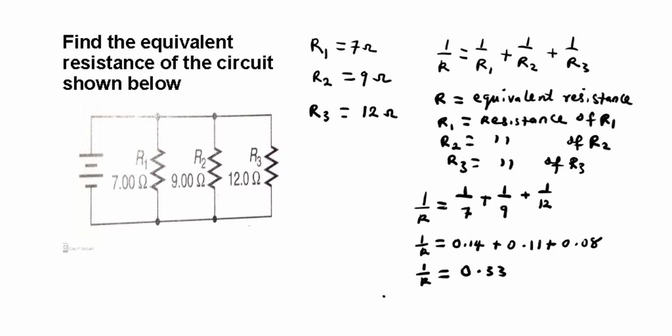Therefore, our R will now be equal to 1 over 0.33, which will give you 3.0 ohms.